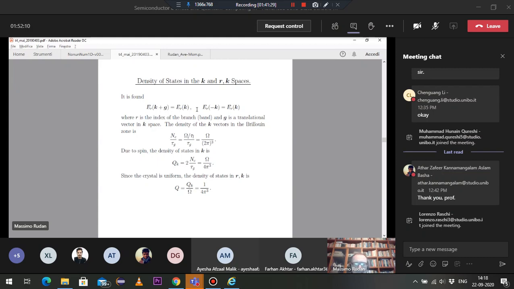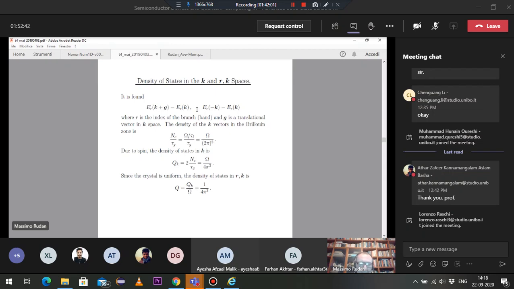Also, we did not tell how to calculate the density of vectors K, q of K. But you remember at some point we indicated that there is a calculation showing that the total number of the K vectors of the Brillouin zone is equal to the total number of cells of the direct lattice.